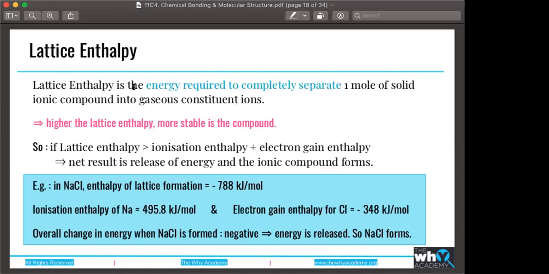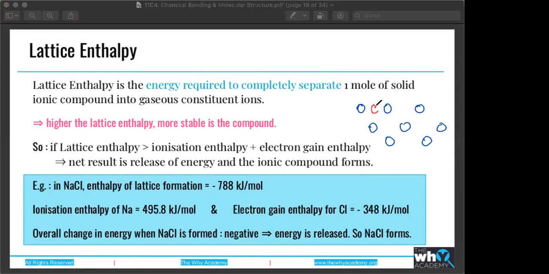It's the energy required because when you have an ionic compound crystal, you have the positive ions and the negative ions. The positive ions and the negative ions are tightly bonded against each other.